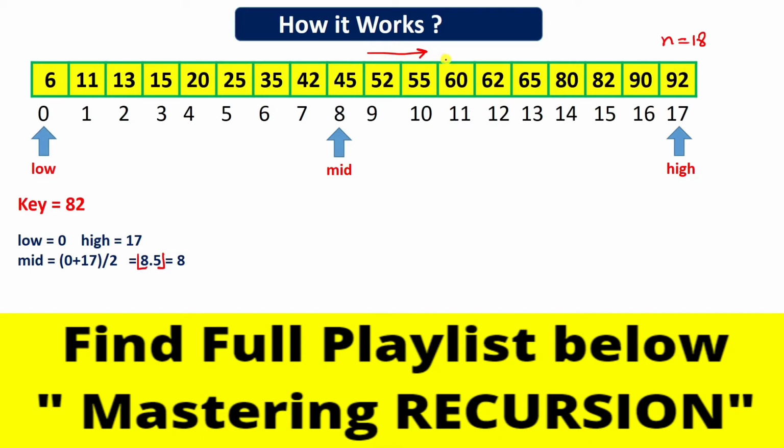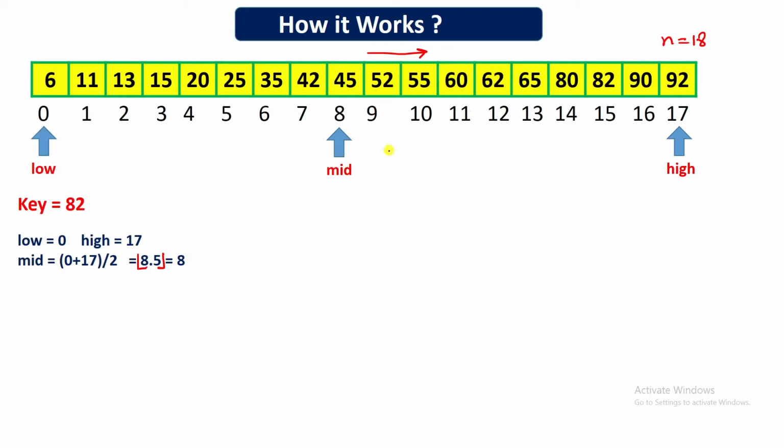So you will say, now 82 is not equal to this 8th index element, so I will start searching from index 9 to 17. You will shift your low pointer, or low index variable, to 9. Now low is 9 and high is 17.